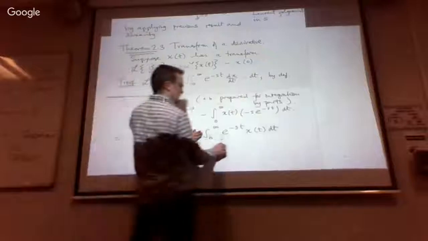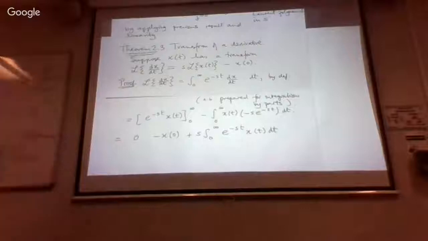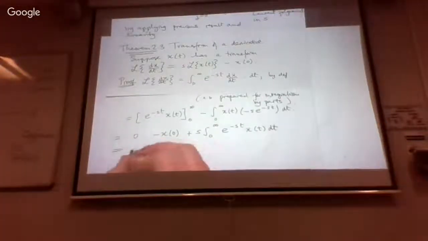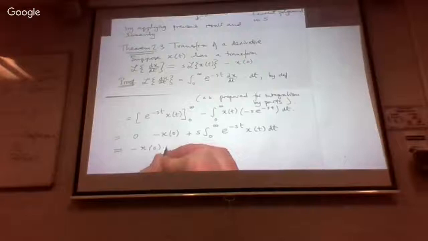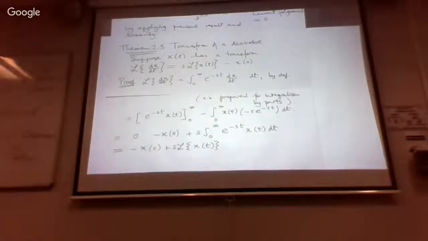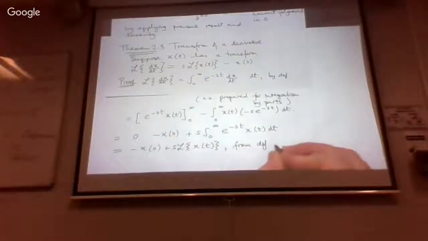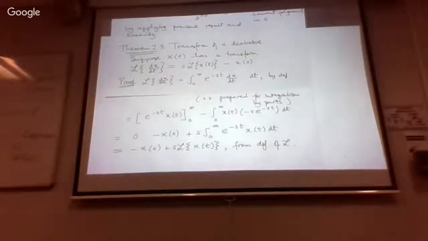This integral is what you get when you apply the definition of L, the Laplace transform, to little x of t. So we get minus x of 0 plus s times the Laplace transform of x of t, just by inspection, by reference back to the definition of L. And that's exactly what we were asked to prove.